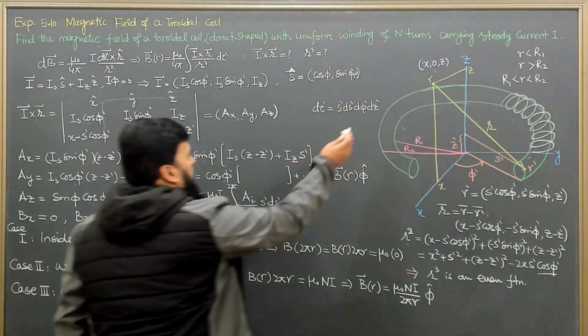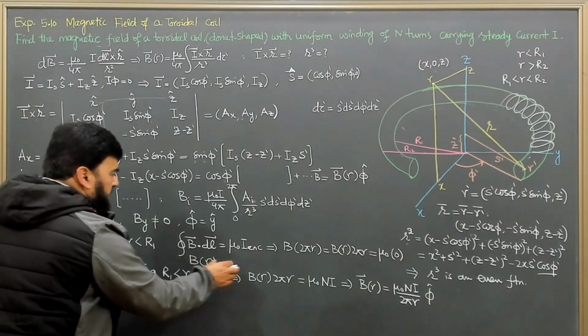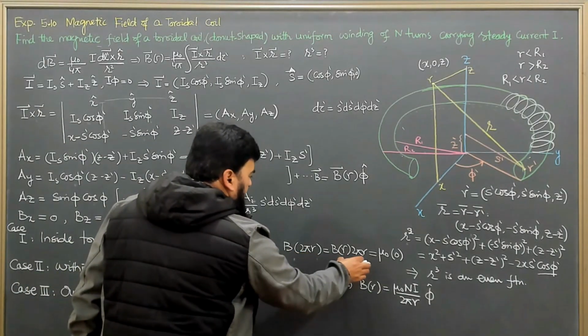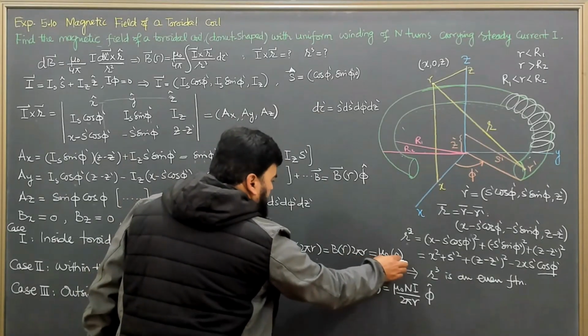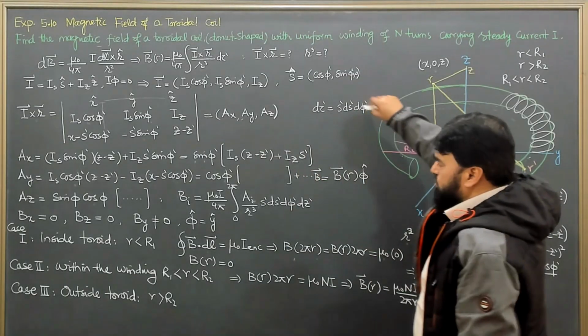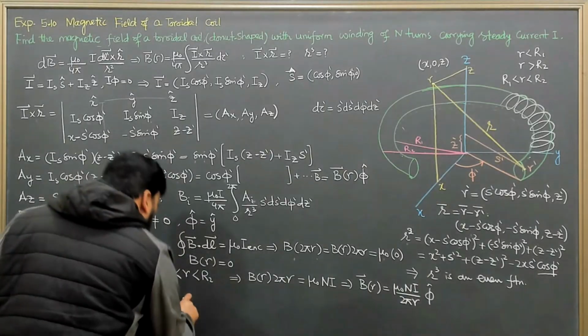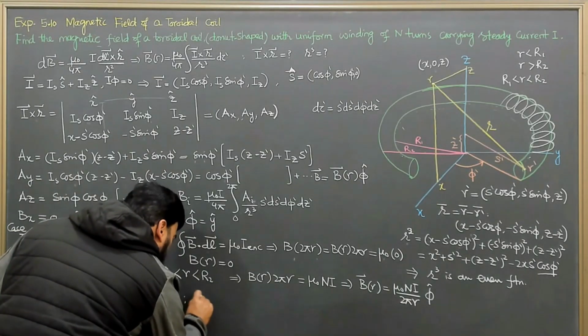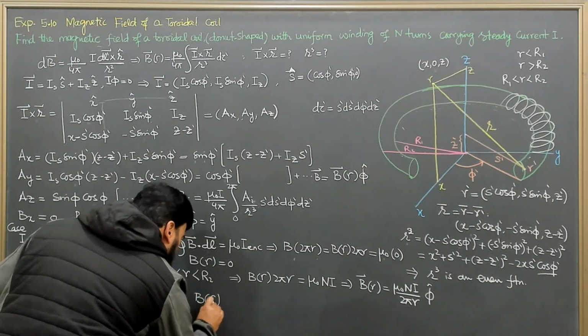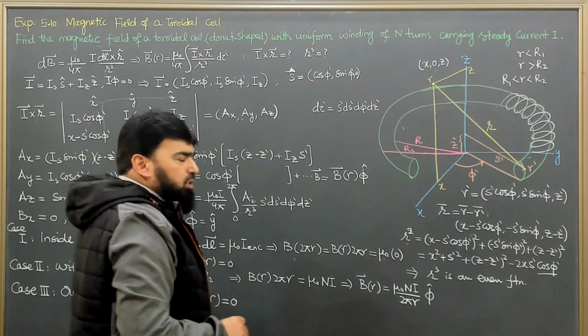B dot dL gives B times 2 pi R, equal to mu naught times the enclosed current, and outside the toroid there is no current, so that is 0 as well. So we have B of R outside the toroid also equal to 0.